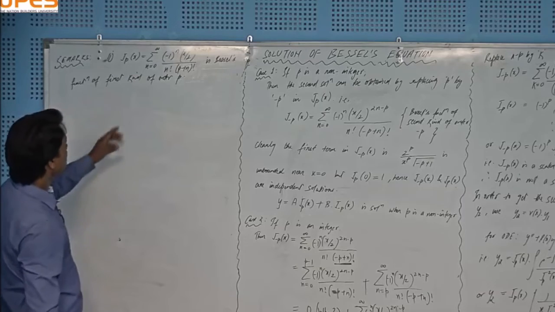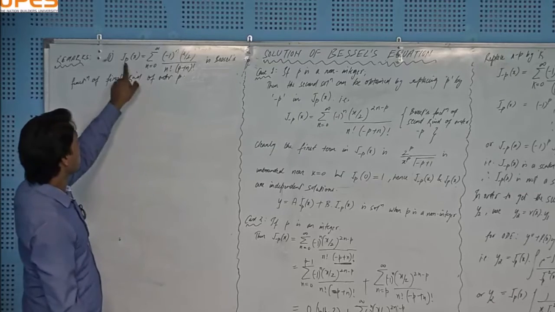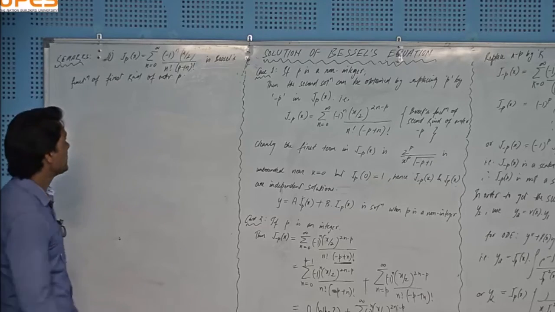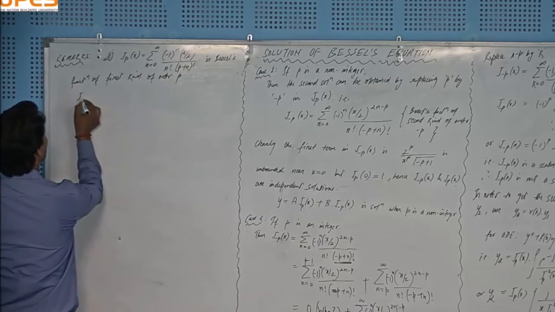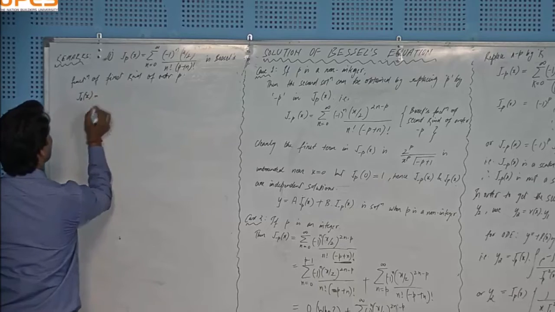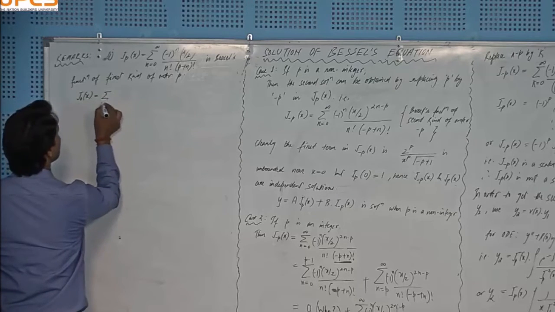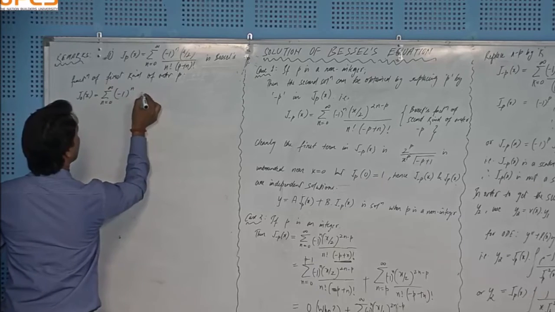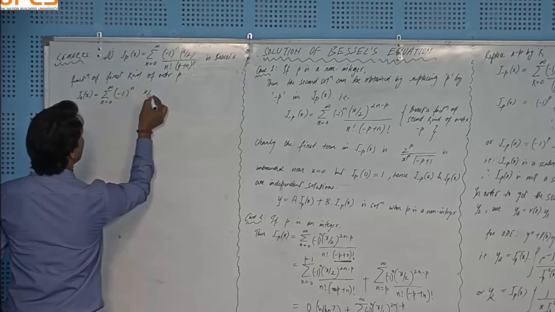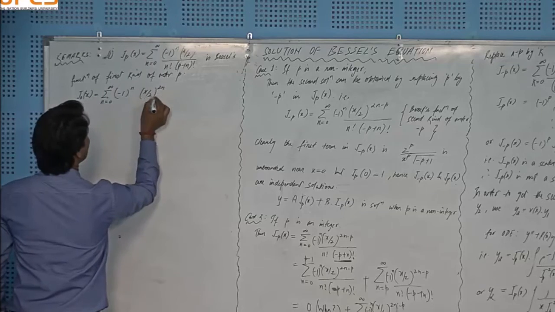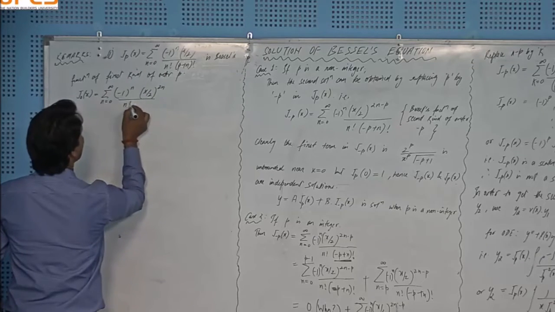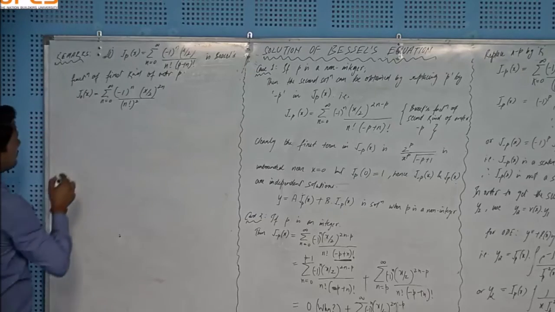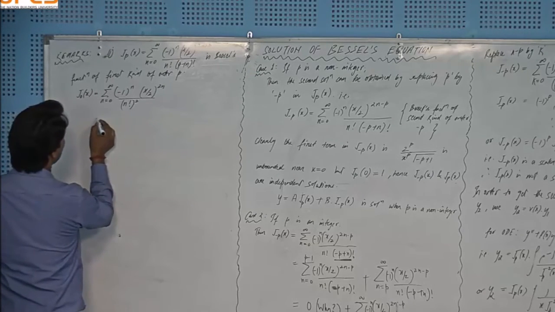And practically J0(x) and J1(x) are important, right? So if I plug 0 in place of p, I will get summation n equal to 0 to infinity (-1)^n (x/2)^(2n) divided by (n factorial) whole square. This is J0(x), and you can always write this in expanded form.